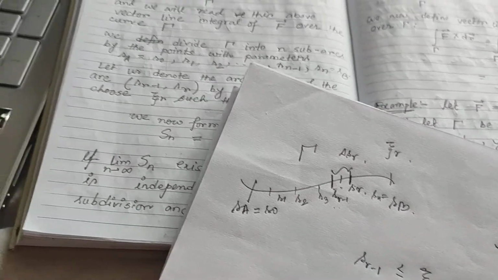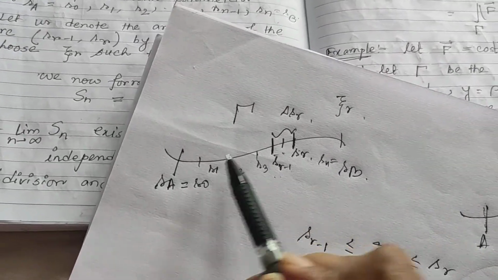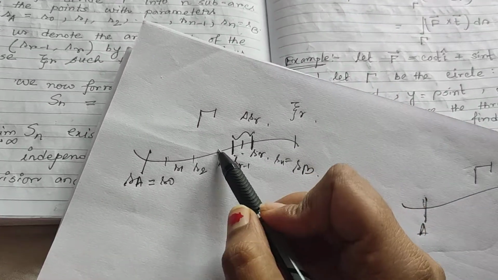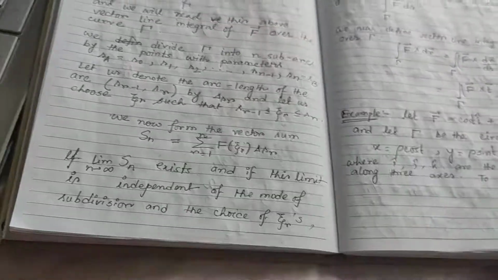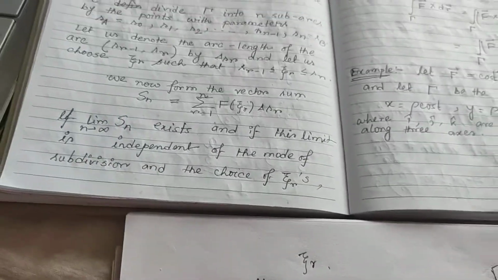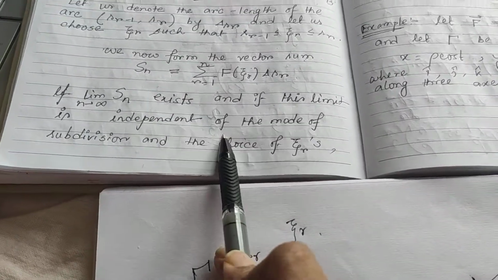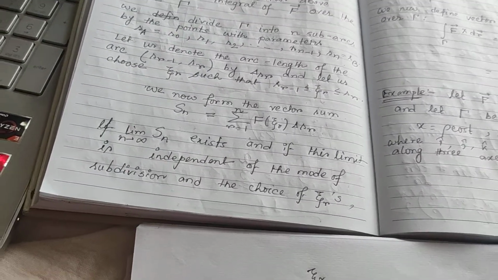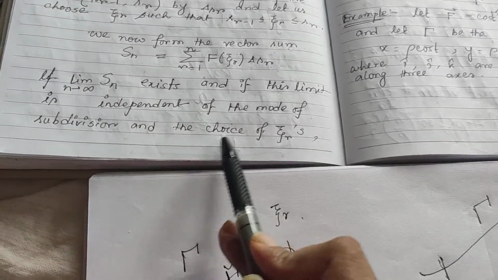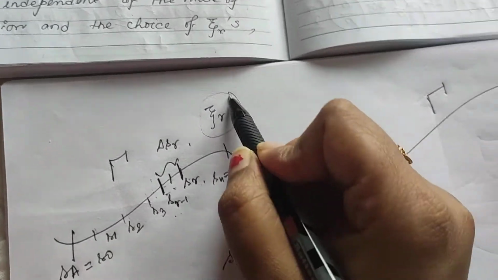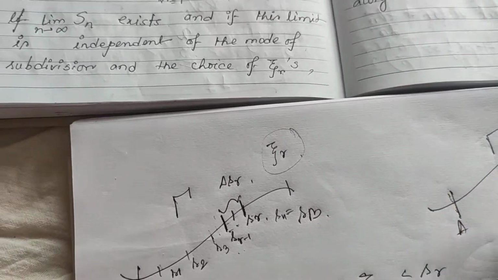If anyone takes another subdivision, like S3 to S4, the same thing will come for that also. The limit should also be independent of the choice of xi r. You can take xi r in any manner; it is not necessary to take the same xi r, you can take another point inside the interval as well.